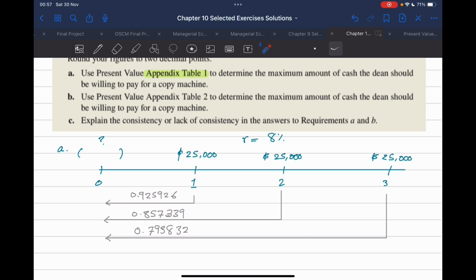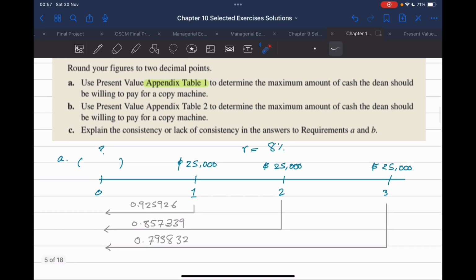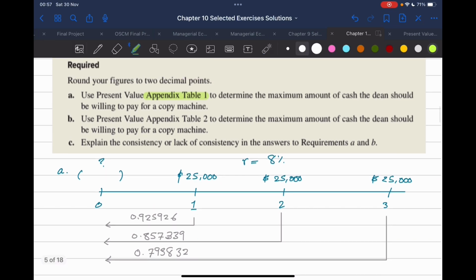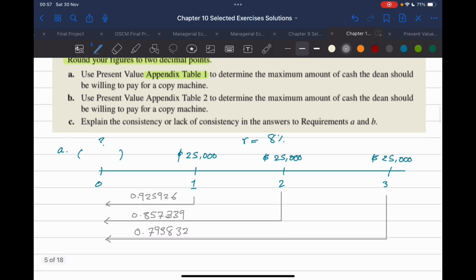Beginning with the first year, 25,000 on my calculator multiplied by 0.925926. And again, just to remind you, the question is also asking us to round the figures to 2 decimal places. So that's what we're going to do.